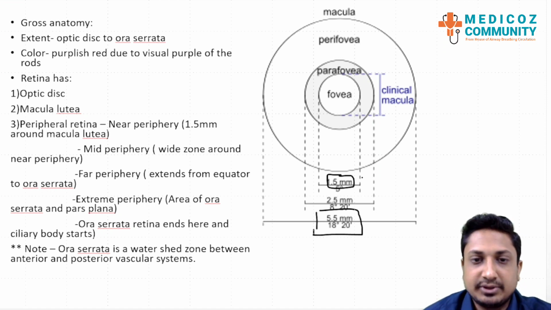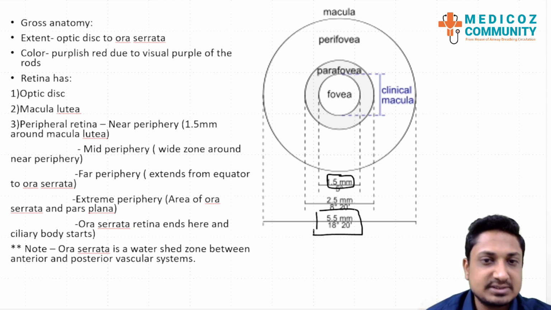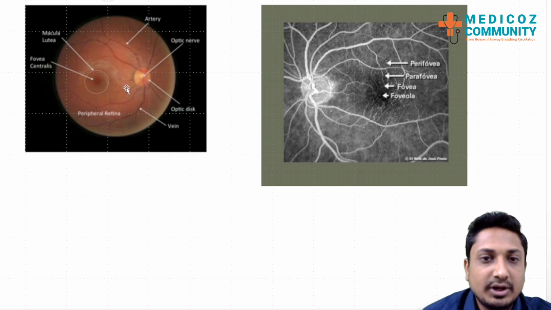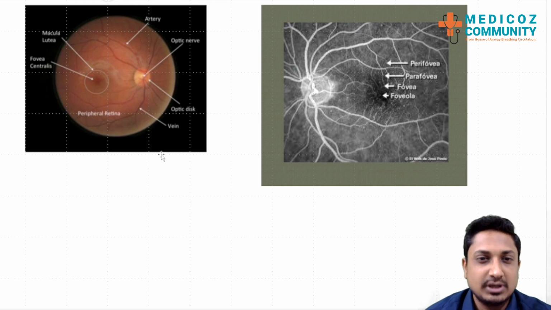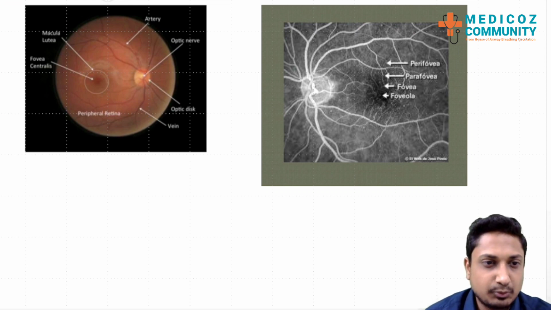So the question that we were asked is, how far is the fovea from the temporal margin of the disc? It is approximately 2 disc diameters, which is 1.5 plus 1.5.